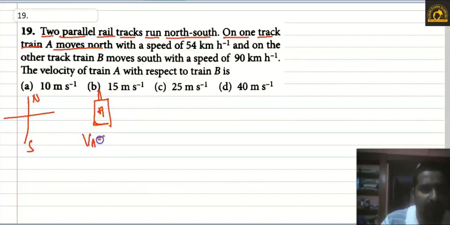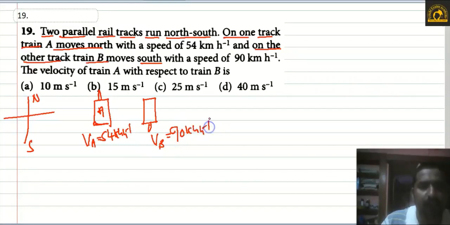The velocity of train A is 54 km per hour. And on the other track, train B moves south. Its speed is how much?